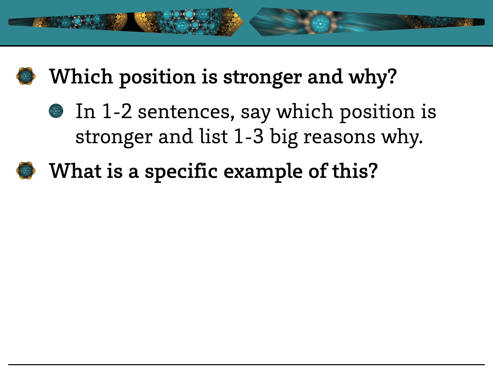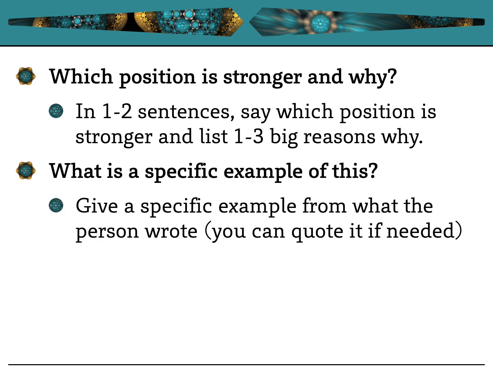Now you're going to give a specific example of how this position does something well. So a specific example from what the person wrote, and you can quote directly if you need to. So, as an example of how this person uses specific evidence, they cite from 3 different medical studies.